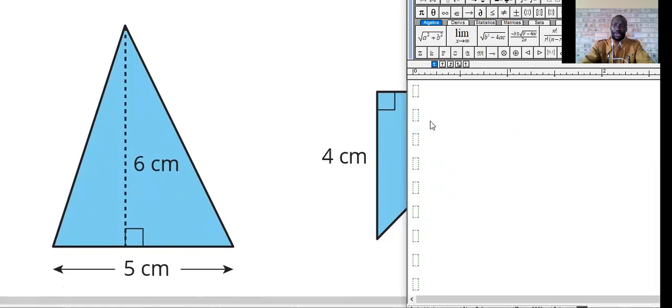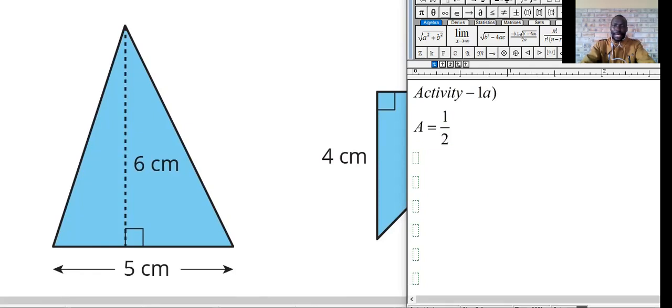So right away, we are now looking at the area of a triangle. We would like to call this the first activity, part A, for the area. So we say area of a triangle is calculated when we know the base and the height.